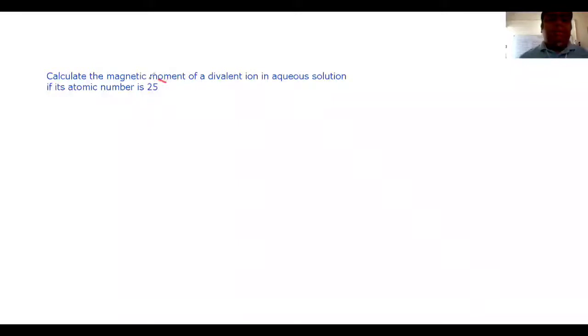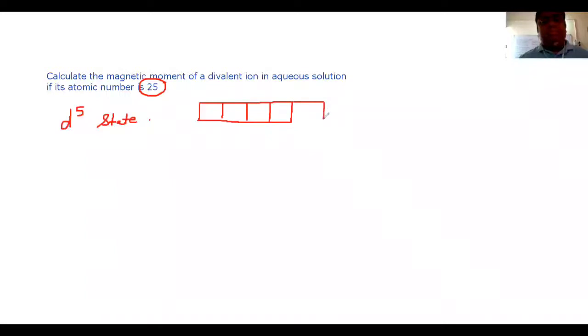Its atomic number is 25. That means it is a d5 state. If it is d5, that means it has 5 unpaired electrons. 1, 2, 3, 4, 5.